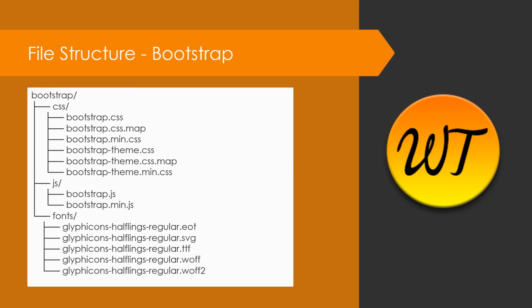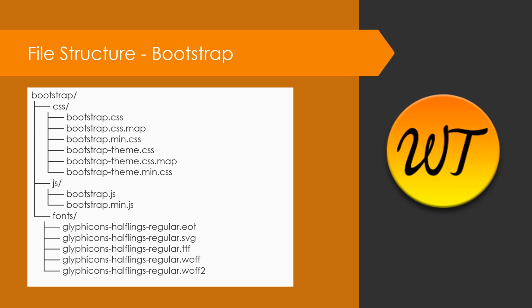File structure in Bootstrap. Once we download the files from getbootstrap.com, after unzipping the files, inside the folders, we have the CSS folder, JavaScript folder, and fonts folder.